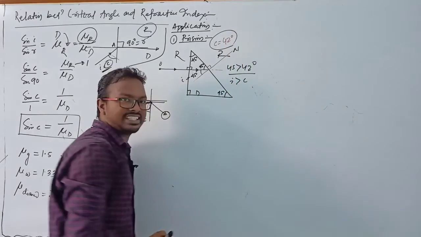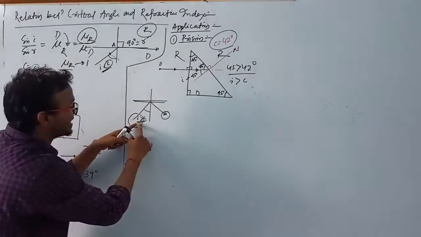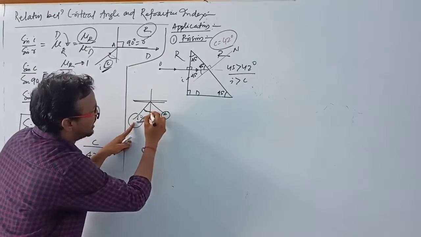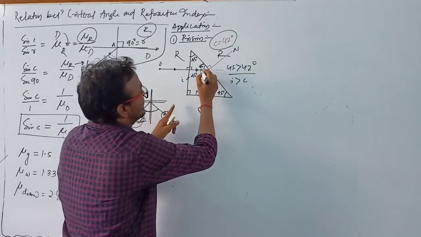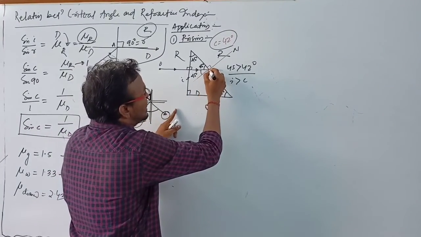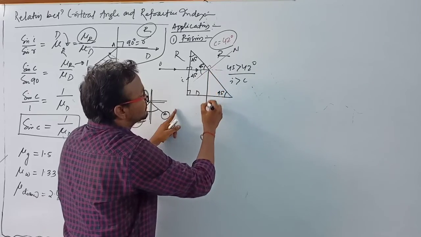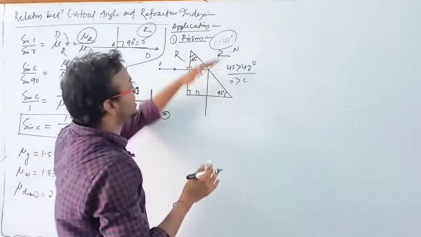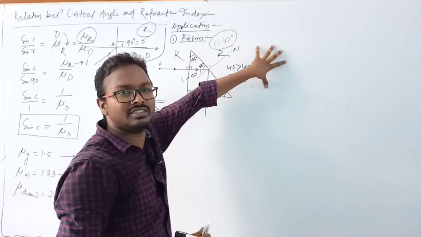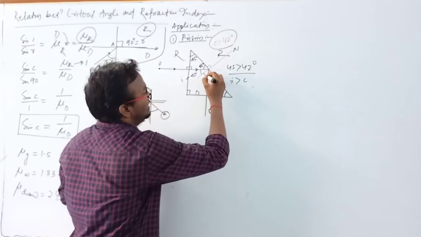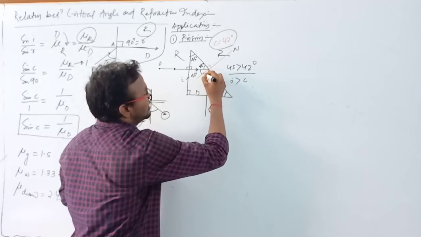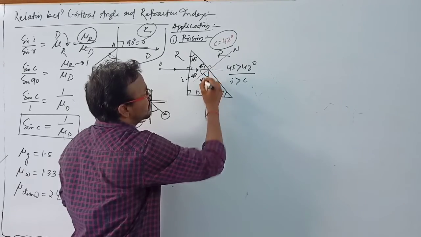Here I is greater than C, so there is total internal reflection. That means this angle equals this angle, and this ray does not pass through the rarer medium, because of total internal reflection. This angle is also 45 degrees.